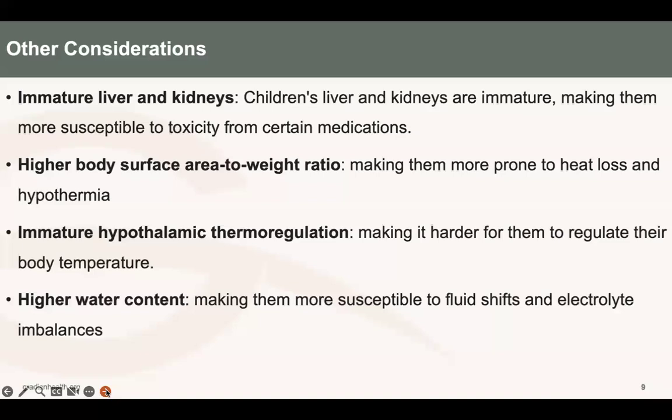And in addition to this, they've got a higher water content. All right. Now, a higher water content means that if they develop some form of compromise, the pathology or because of our interventions of anesthesia, this water that they have, which is relatively larger in amount, would actually shift.